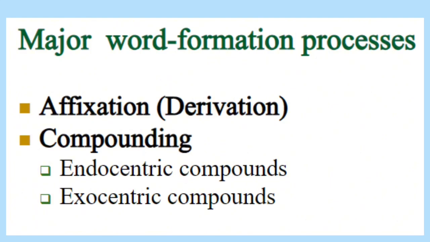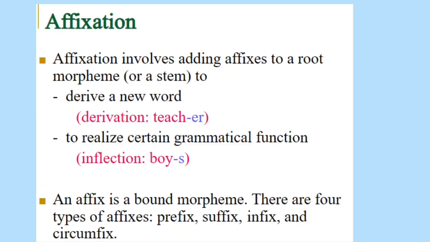Major word formation processes: affixation or derivation and compounding. Compounding has two types: endocentric compounds and exocentric compounds. Now what is affixation? Affixation involves adding affixes to a root morpheme or a stem to derive a new word.